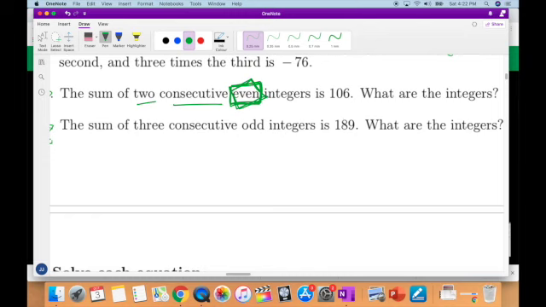So, Caitlin, any ideas for this? What did you do for this? I had x by itself first, and then x plus 2. Right. But my question is, what if this first x was odd?